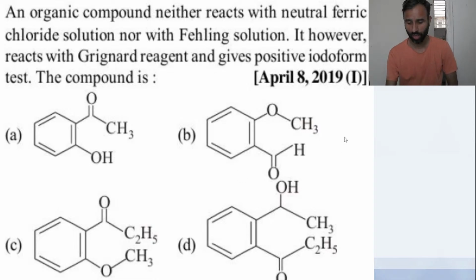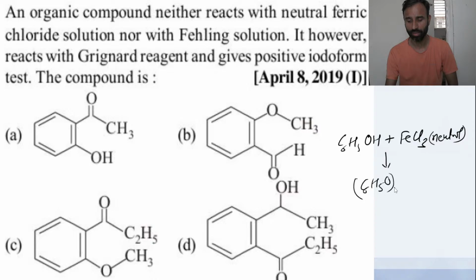Now, keep in mind that the neutral ferric chloride test is given by phenols. Phenol, when it reacts with neutral ferric chloride, will give a violet colored solution. Okay, violet coloration.